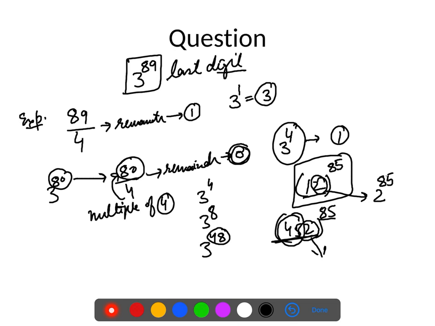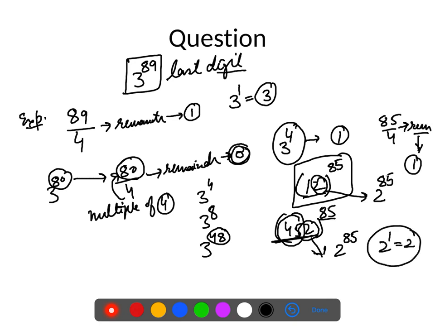Same for 452 raised to power 85. So 85 divided by 4, remainder is going to be 1. So 2 raised to power 1, we just need to do that. That's how we find the last digit of any given exponent.